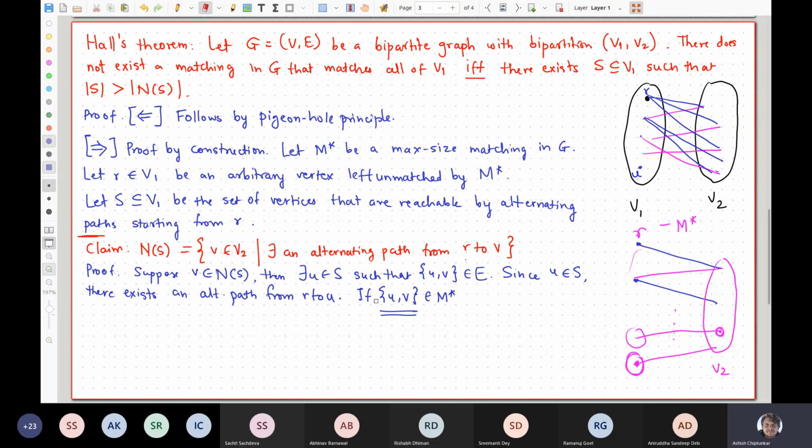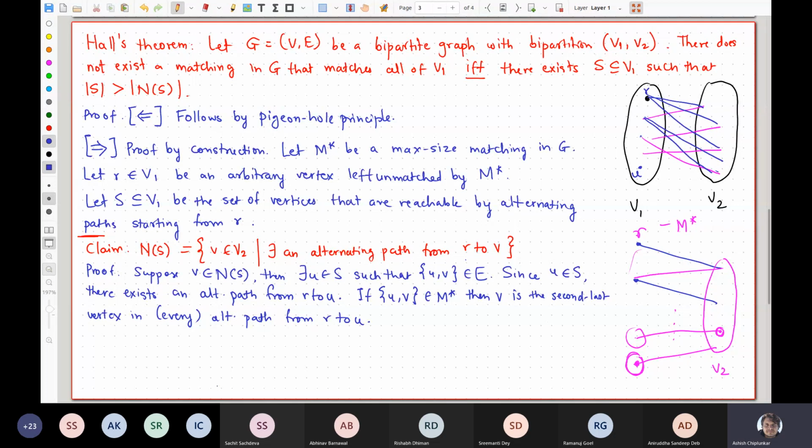So therefore, let me just write the claim and then let's see whether people are convinced or not. So then V is the second last vertex in every alternating path from R to U. Any alternating path from R to U, because R and U are on the same side, must end in a matching edge.